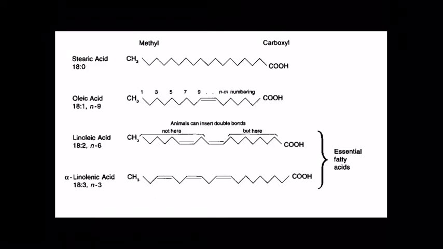It has 3 places where it has double bonds, so that's 18:3, and then it has N3, which means it's an omega 3 fatty acid, where the first double covalent bond is on the number 3 carbon. Both of these are essential fatty acids, which means, just like with amino acids, our body cannot manufacture them. We need to take them in through the food we eat.